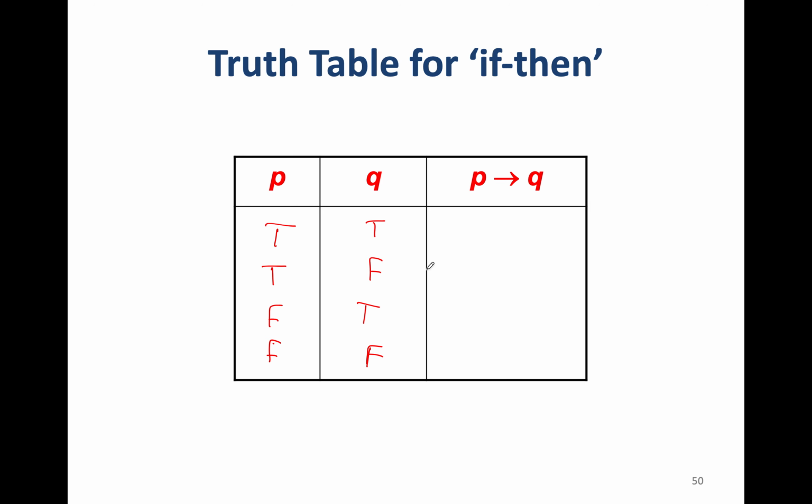And here we can say that the odd condition is when I've got the reason true and the result false, then it will be false. Otherwise, it is true. So the odd condition is if the condition is true and the result is false.